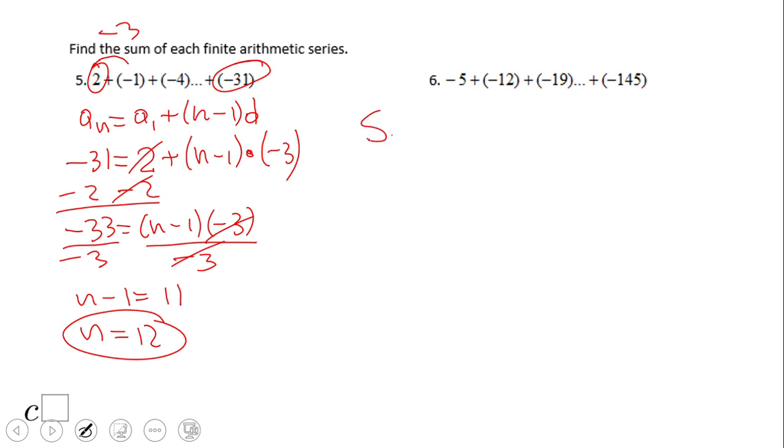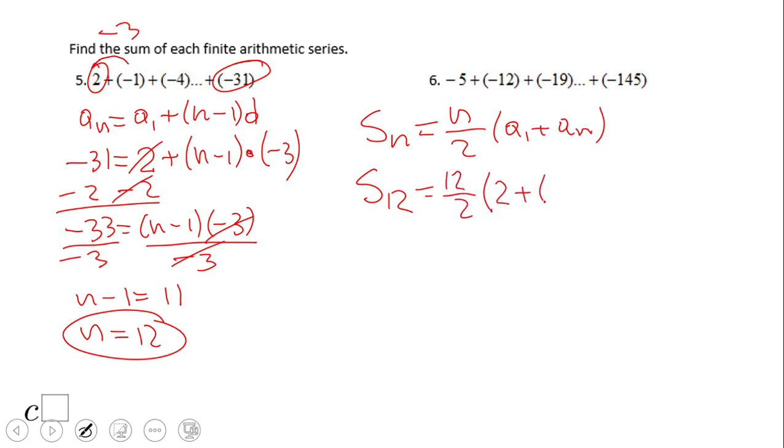So now we have to use this formula. We have S12, the partial sum of the first 12 terms of this arithmetic series, which is 12 over 2 times a1, 2 plus -31.